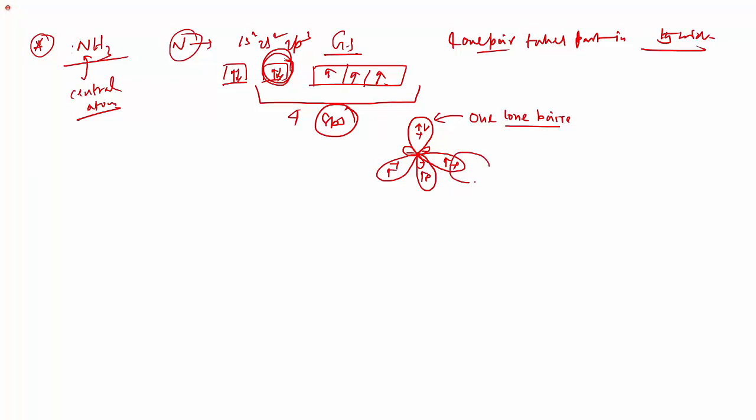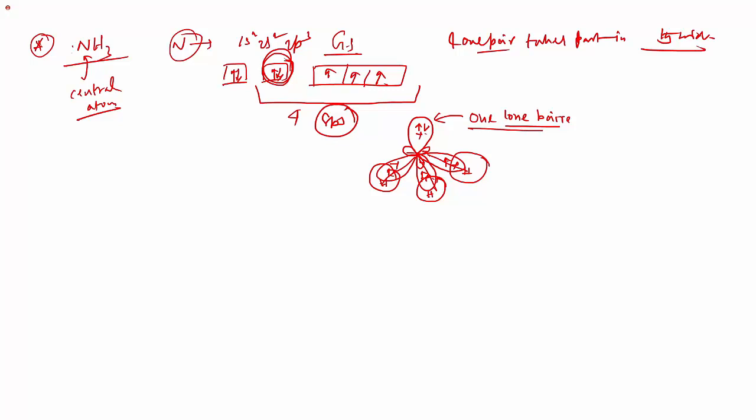So now the hydrogen s orbitals come and form bonds with the other 3 sp3 hybridized orbitals. This is a sigma bond, this is a sigma bond, this is a sigma bond.